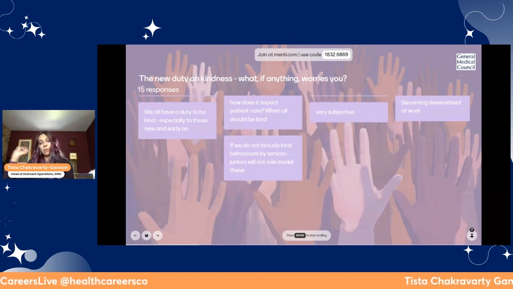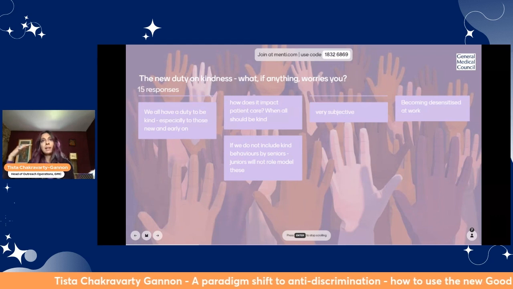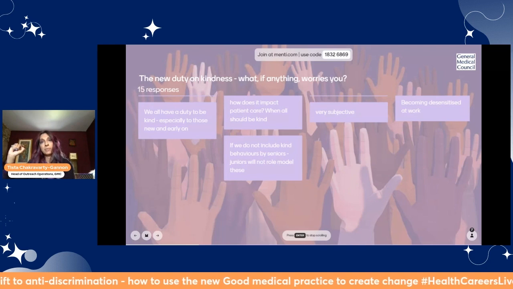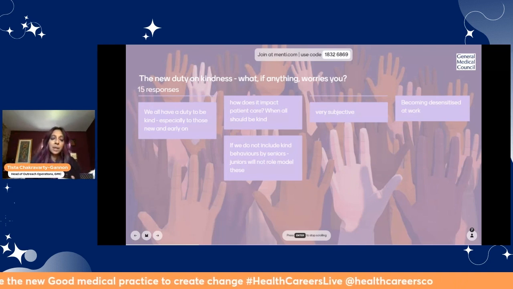That is because they had been subject to really unkind behaviours. Most shockingly, locked in a room, kid you not, locked in a room until they agreed to cover rota gaps. I mean, unkind doesn't even begin to cover it, you know.